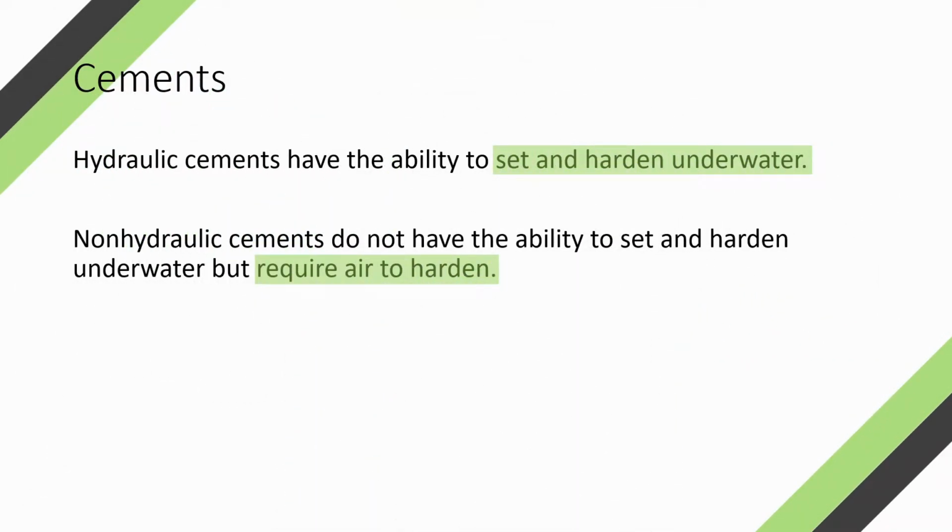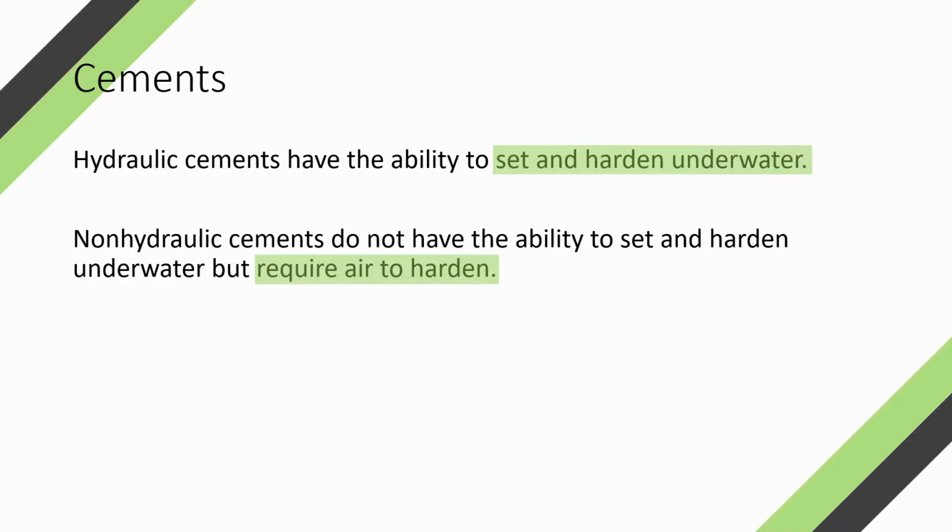So there are two types of cement, hydraulic cement and non-hydraulic cement. So hydraulic cements have the ability to set and harden underwater, and non-hydraulic cements do not have that ability because it requires air to harden.